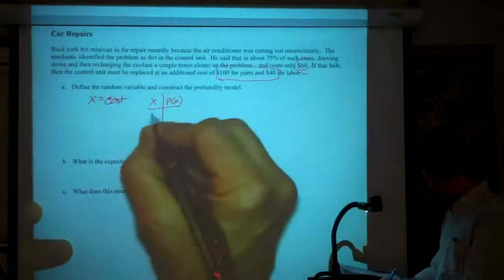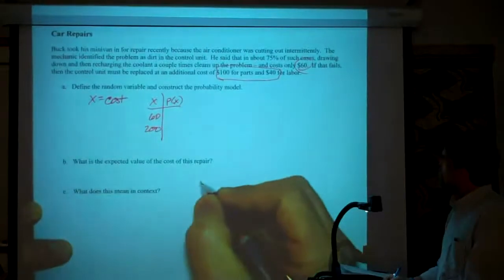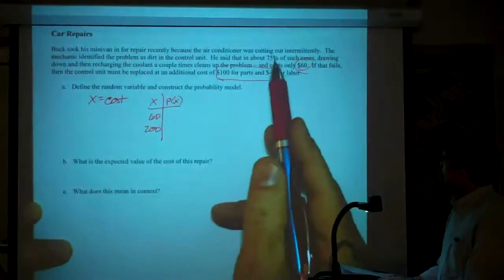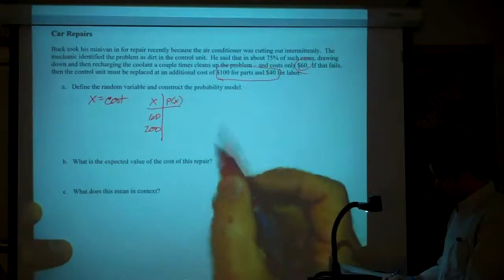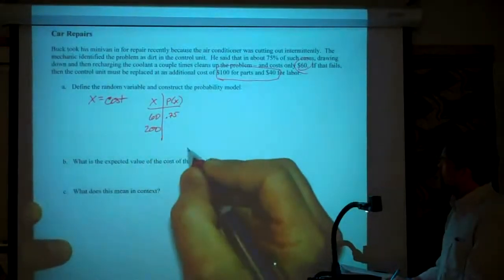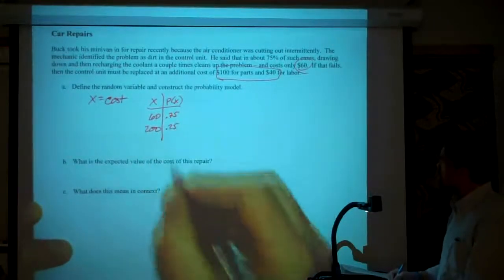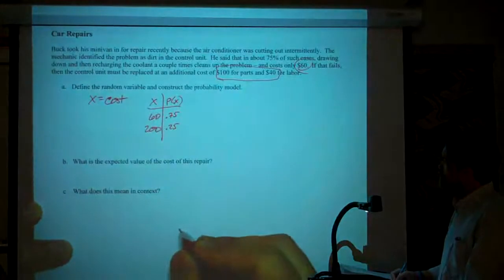So it's either going to be 60 or it's going to be 200. And according to our problem here, it says that there's a 0.75 probability of it being $60, which means there must be a 25% chance of it costing $200.